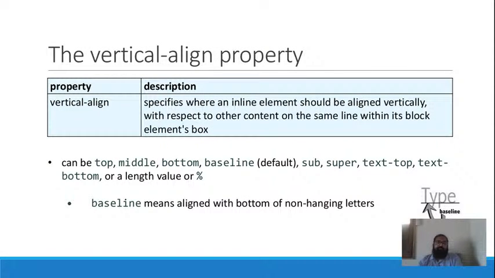Here we will start with something called vertical align. This is regarding aligning the content in a particular box, or block. Let's say a paragraph block, or an image block, and the content of the image is the size of the image.